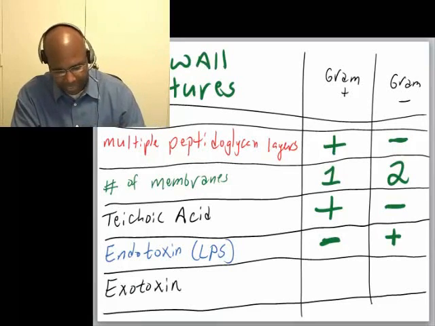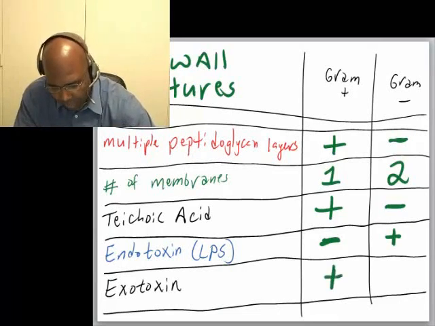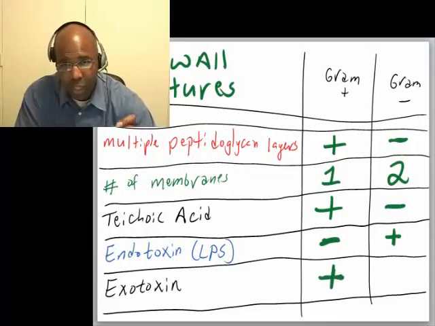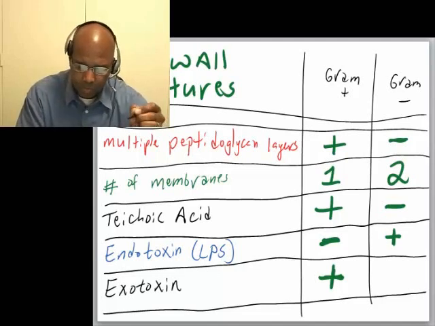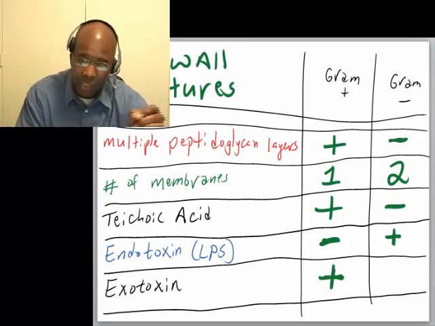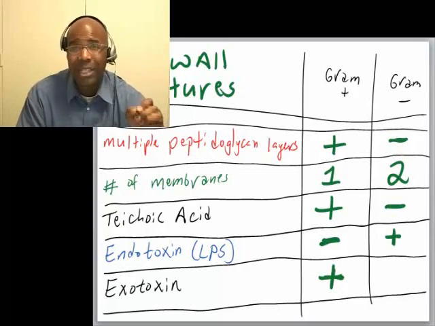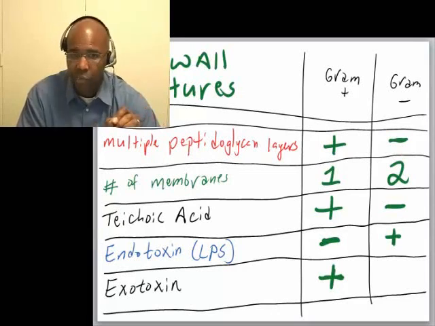And lastly, is exotoxin present? In gram-positive bacteria, you do have exotoxin. Now, I'm making this one red because you would think, well, since gram-negative bacteria have the endotoxin and gram-positive bacteria do not, then gram-positive bacteria should have exotoxin, and gram-negative bacteria should not.